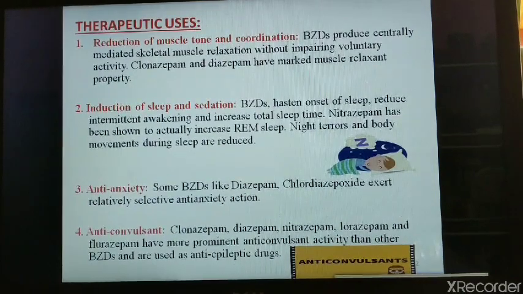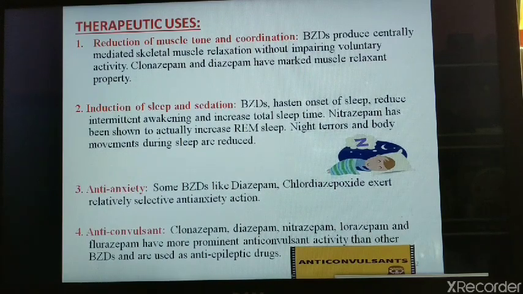The second therapeutic use is sedation and induction of sleep by benzodiazepines. Now, benzodiazepines decrease the time taken to go to sleep, thus hastening the onset of sleep. They also increase the total duration of sleep, although the latter effect is only in subjects who normally sleep for less than about 6 hours a night.